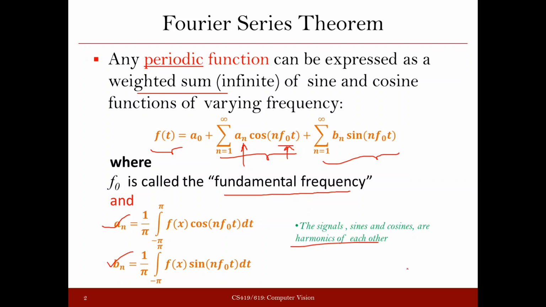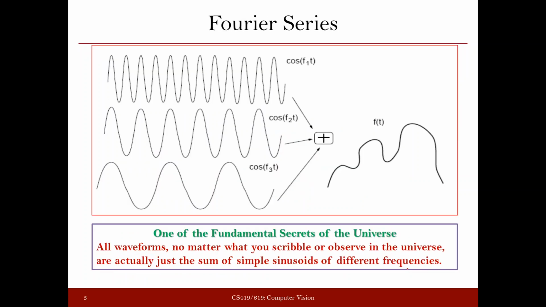Okay, so let us try to see this with the help of this example. Suppose f(t) is the function that you want to represent using the Fourier series. So let's say f(t) can be represented by the sum of this first function, then the second function, and then the third function. So if you sum all these values, what you will get ultimately will be f(t), right?